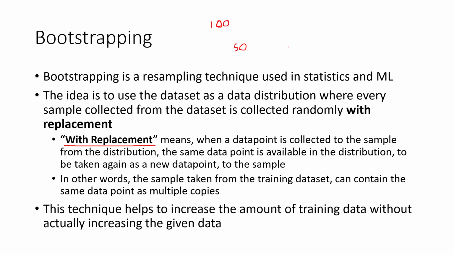When you get several such similar data sets from the original data set, this data set, this data set, and this data set, we have 3 data sets in this case. So you can train 3 different decision trees with these sample data sets, and that is known as the technique called bootstrapping.